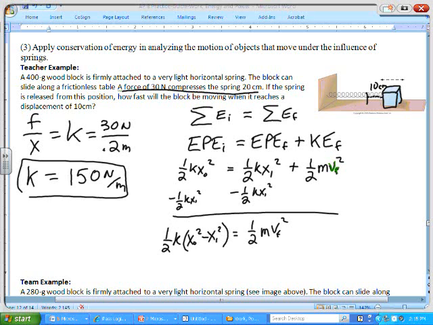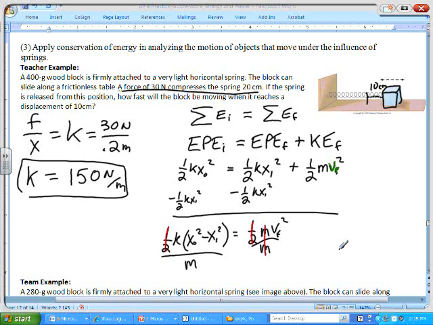Now the 1/2 term is on both sides, so we don't need it anymore. And we want to get v final by itself, so if we divide both sides by m, then we have an expression for v squared.